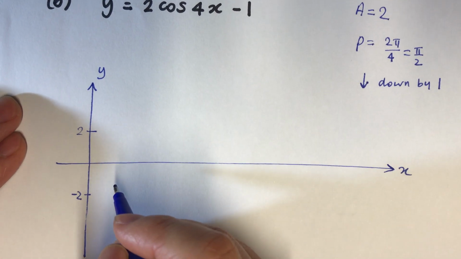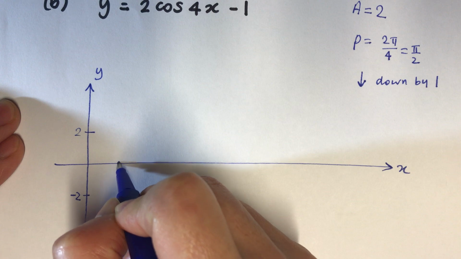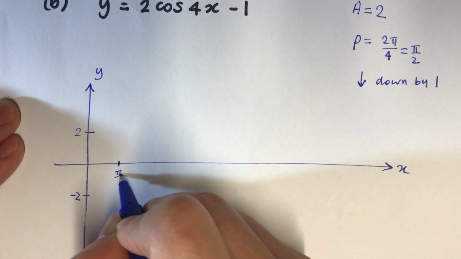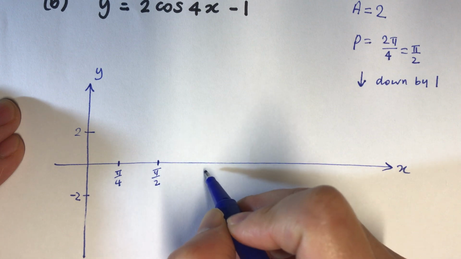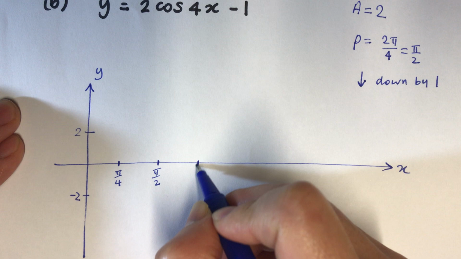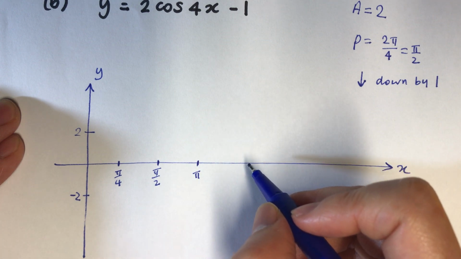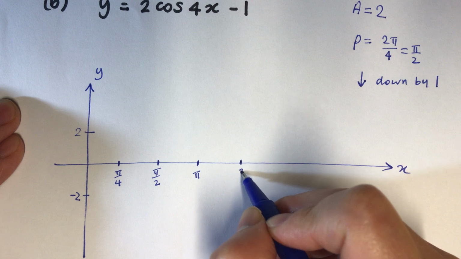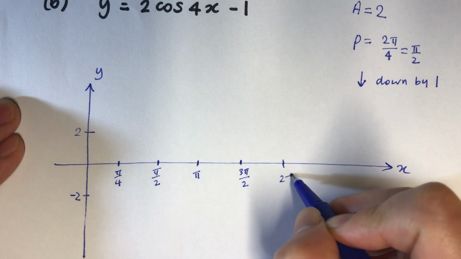Okay, so what I'm going to do here is go pi over 4, pi over 2, pi, and then 3 pi, 2 pi.